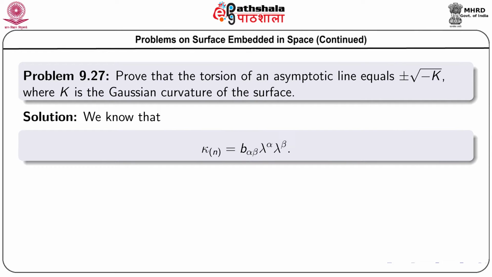Now, from the equation of normal curvature, we know kappa n equals b alpha beta lambda alpha lambda beta. This is the known relation for the normal curvature.